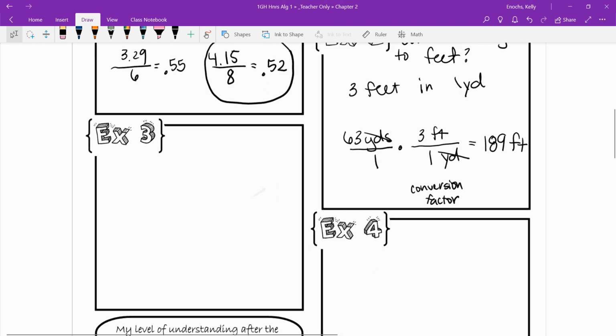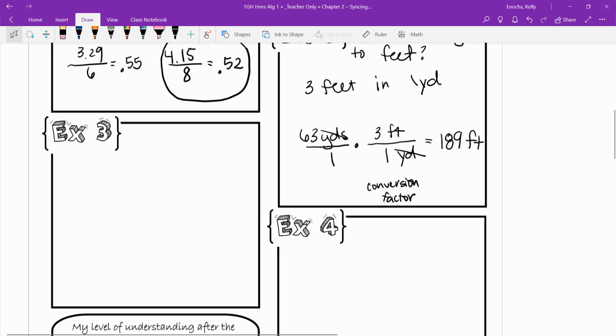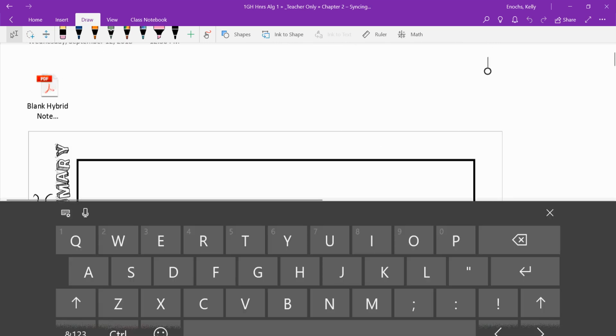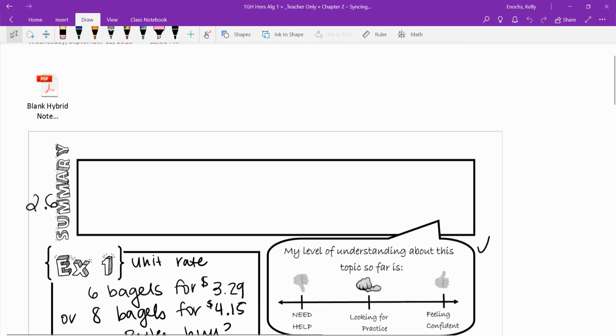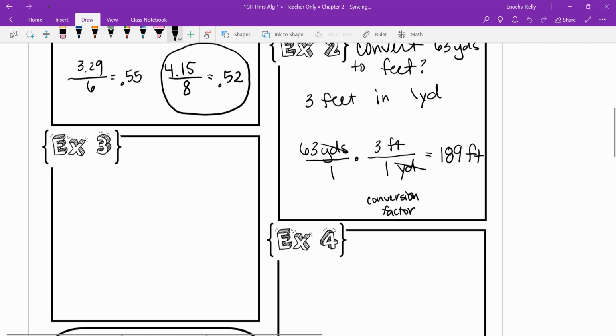As I said, for example 3, we're going to do another conversion, but this time we're going to convert multiple units. Here I'm going to say a car is going 55 miles per hour. What is its speed in feet per second?